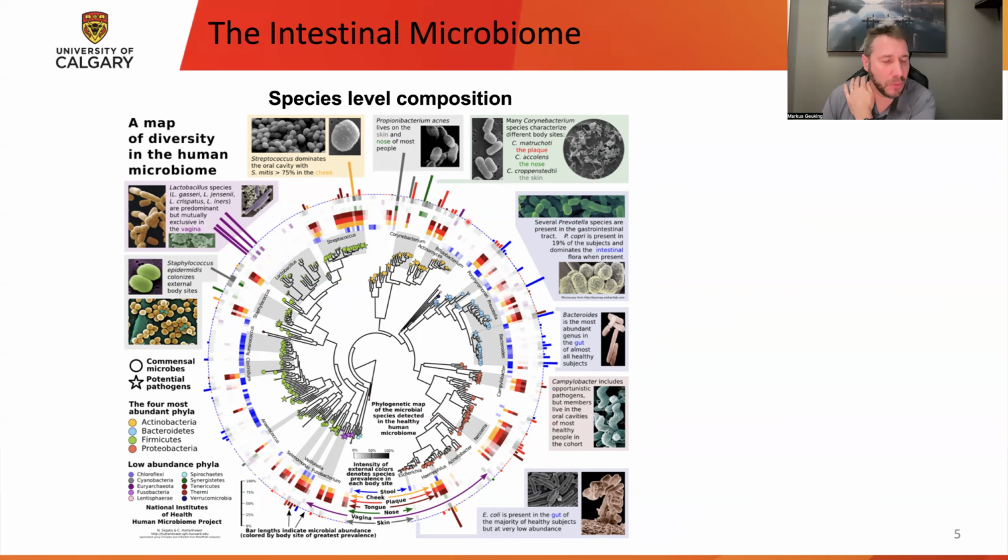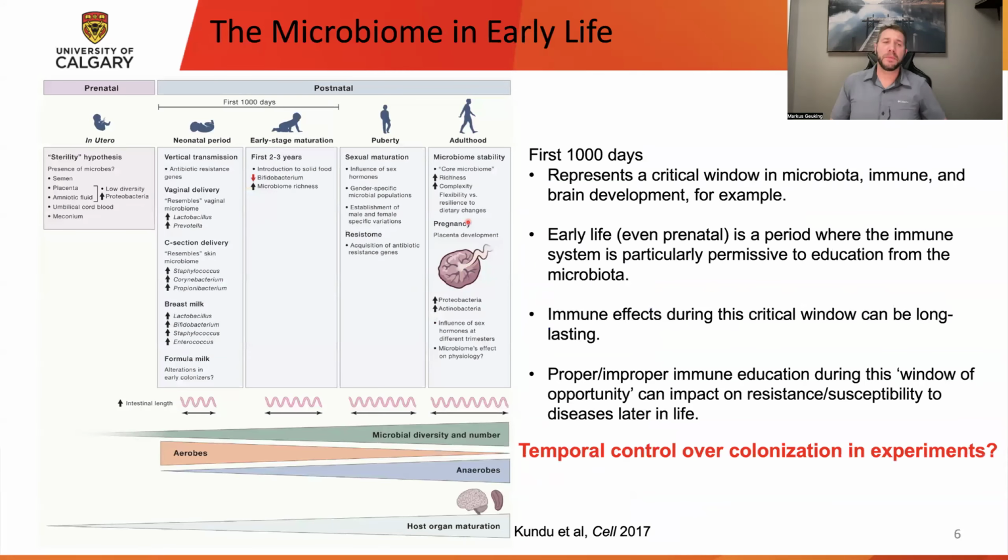Now, why do we want to study that? What do I mean with the function of the microbiome in an immunological sense? We now know that the colonization that occurs at birth, the microbiome interaction with the host, is really, really important throughout early life, as indicated here, and the first 1,000 days are an example for the human population.